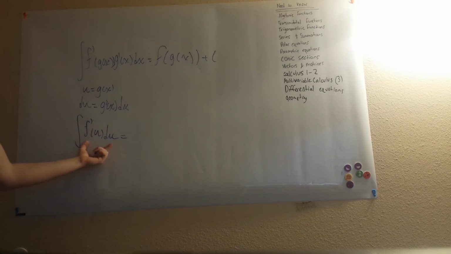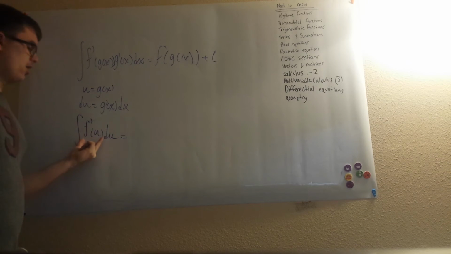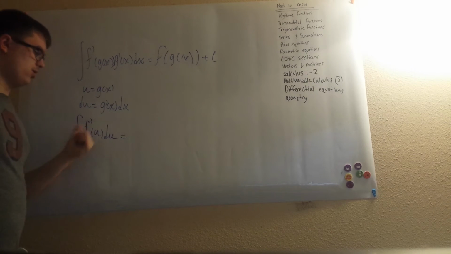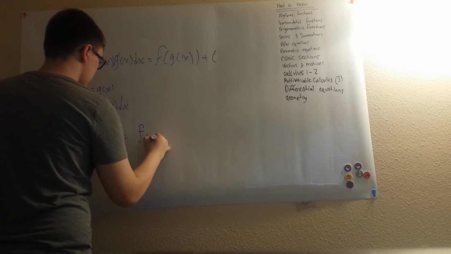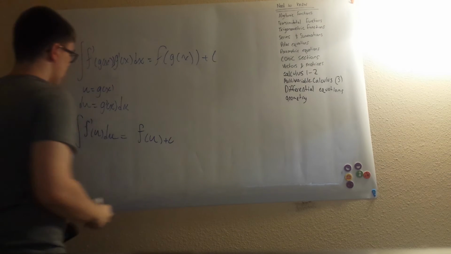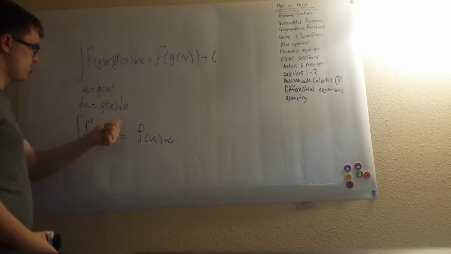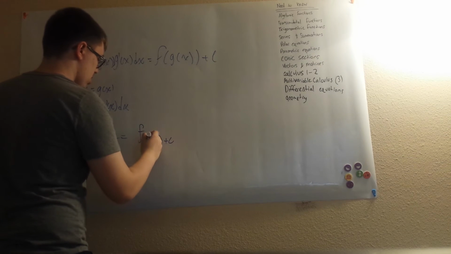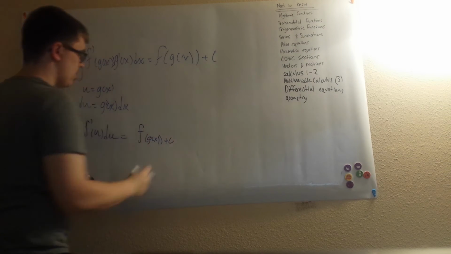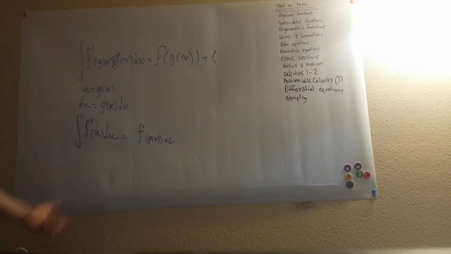Wait, we know the antiderivative of a derivative of a function. We know that's f of u, right? What was u in the first place? It was g of x, right? So we replace u with g of x. Wait, that's the form. That's the general form. Okay.